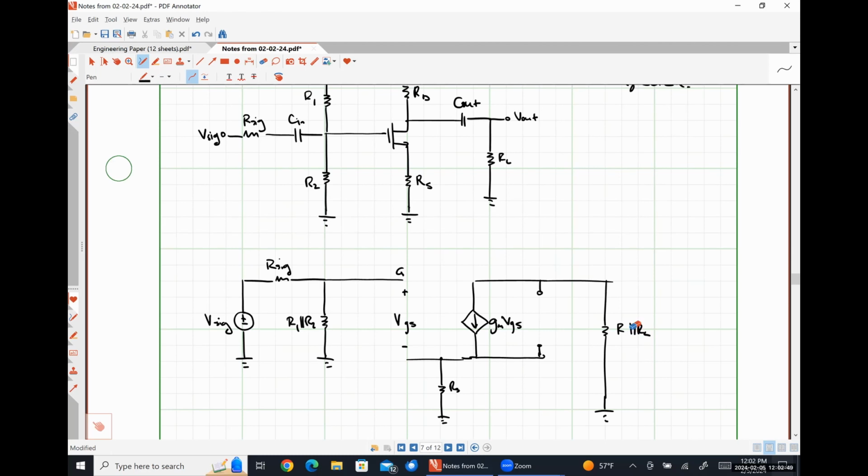That should be RD, sorry. So here's our small signal model. Does this help any?